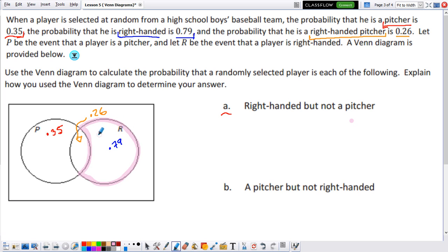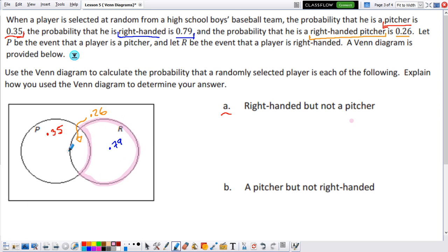But how can we figure out the probability for just this region? This is not 0.79, because 0.79 is the whole circle. If you want just this small section, that will be the whole circle minus this little section, which gives us the section that we want.